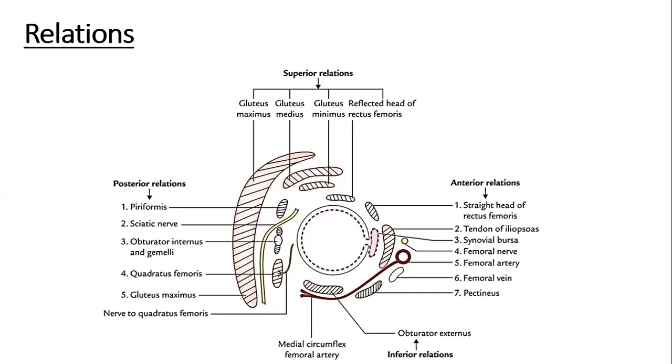So anteriorly, we have the psoas major muscle. Here we have the iliopsoas muscle shown together. You can see that the psoas major muscle separates the hip joint from the femoral artery anteriorly. Here we are seeing the femoral artery.